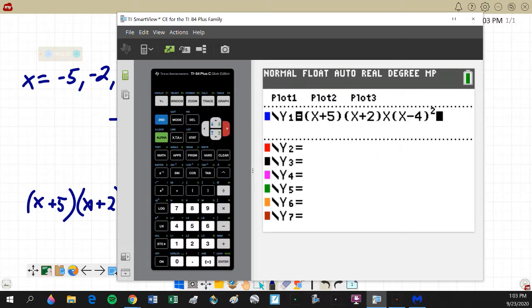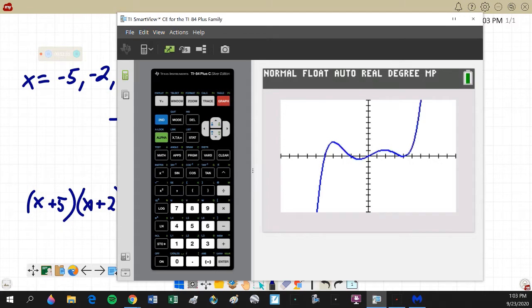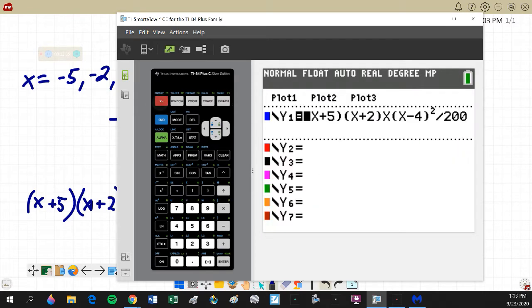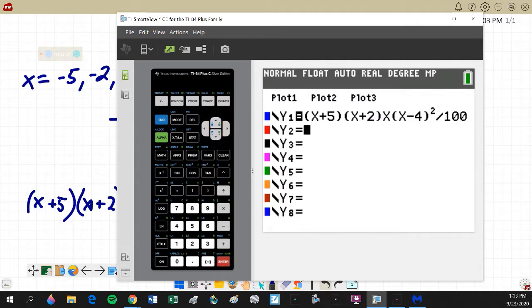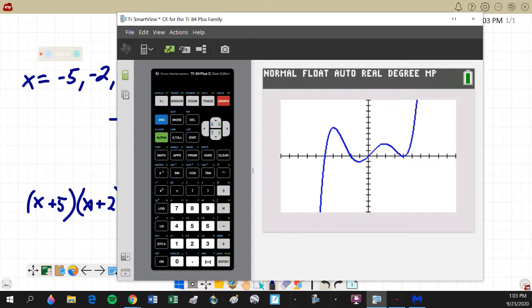Or actually, let's just divide. Let's divide it by 200. Okay, and maybe that was too much. Let's divide it by 100. There's the graph. And I can change that to fit anything I want, basically.